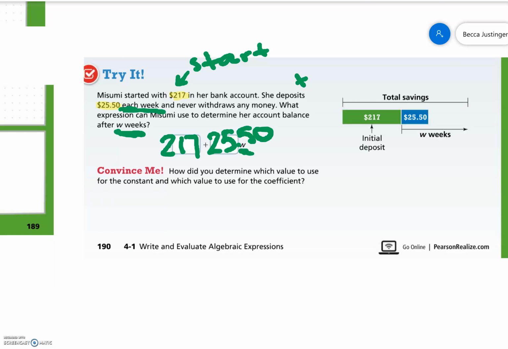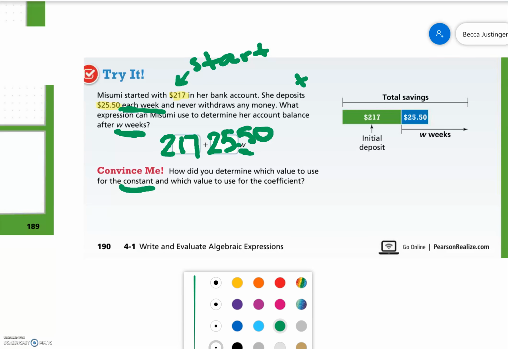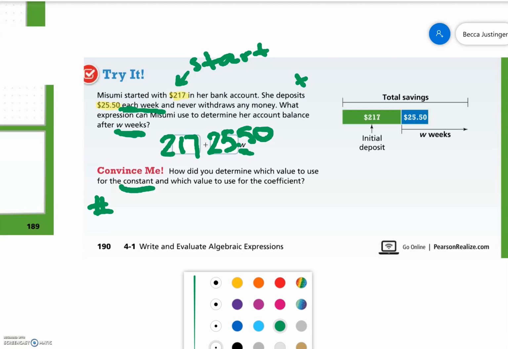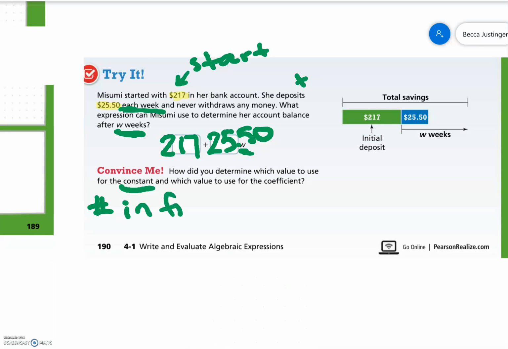How did you determine which value to use for the constant and which value to use for the coefficient? Okay, well, first of all, let's define these. Oh, no, that's wrong.